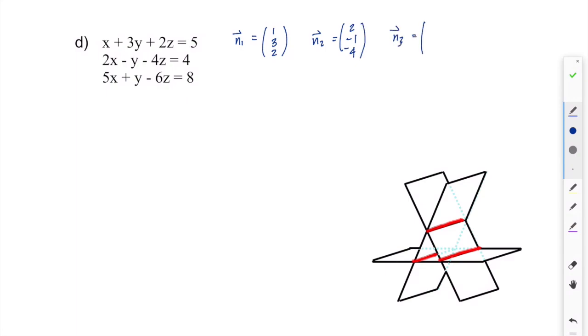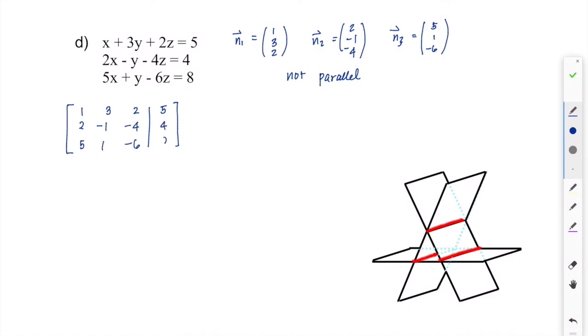N3 is (5, 1, negative 6), also not a scalar multiple of anything. So this is not parallel. Let's try to solve this then. The augmented matrix is 1, 3, 2, 5; 2, negative 1, negative 4, 4; 5, 1, negative 6, 8.